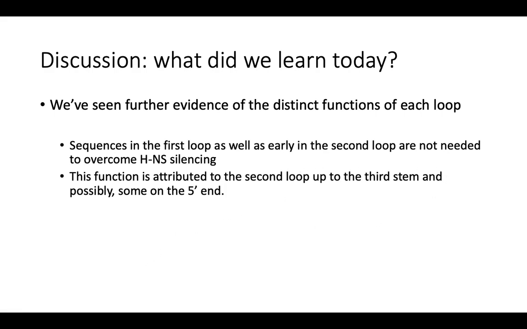We've seen that the sequences of the first stem loop and a little bit up to the base of the second stem are very important for promoting the translation of rpoS.